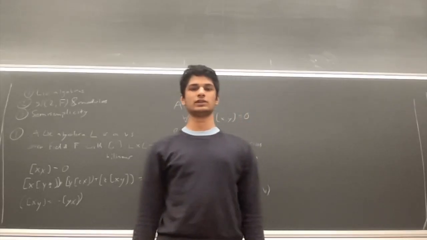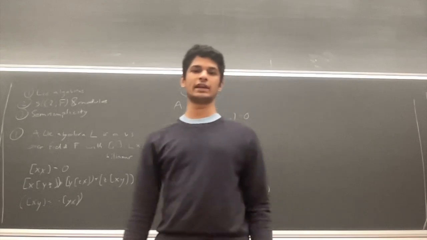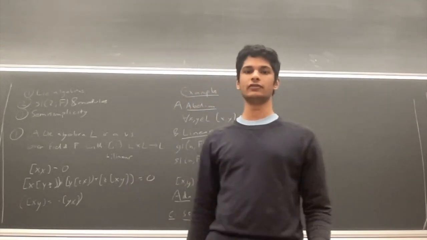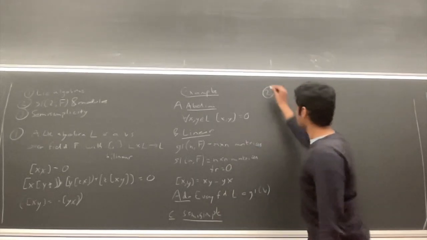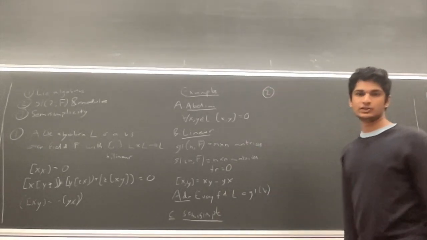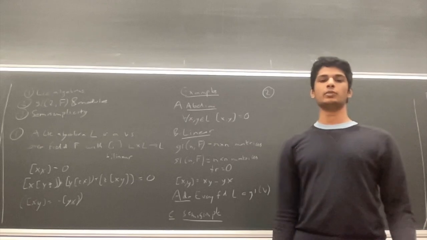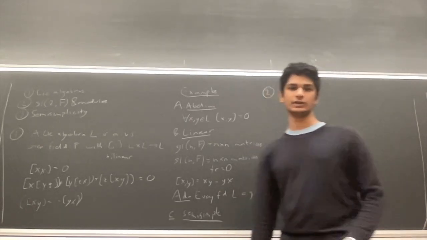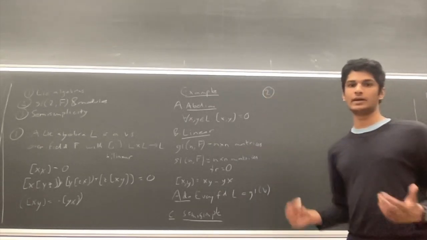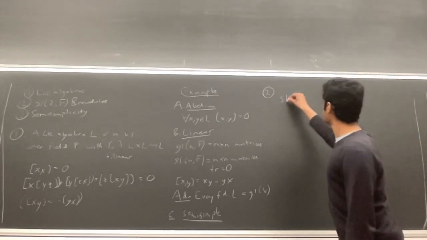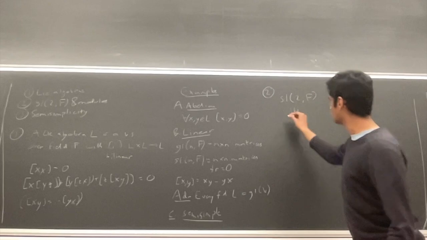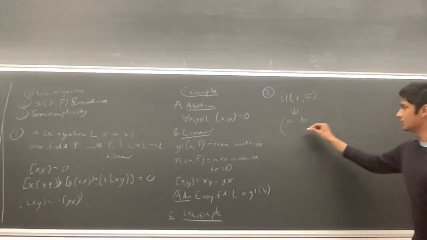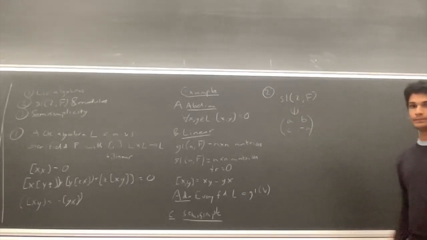Okay, so now let's go to part 2. So part 2 is looking at a particular Lie algebra, SL2F, and its modules. So part 2, what is SL2F? Well, recall that it's going to be the 2x2 traceless matrices. So a general element from SL2F is going to be of this form: a, b, c, and negative a.